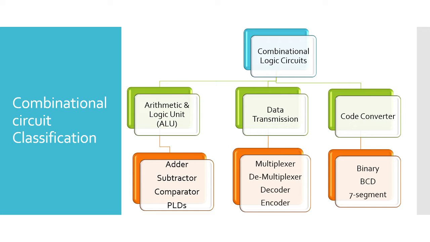Second is data transmission, and third is code converter. In the ALU we will learn about adder, subtractor, comparator, PLDs. In the data transmission category we will learn about multiplexer, demultiplexer, decoders and coders. And in the third category, code converter, we will learn about binary to BCD and 7 segment display converters.